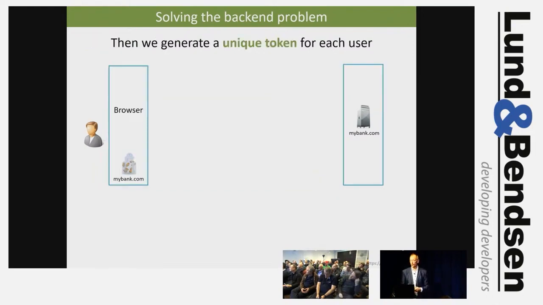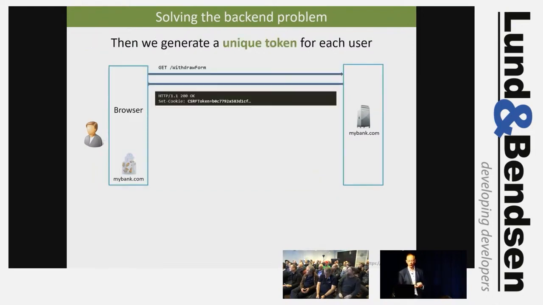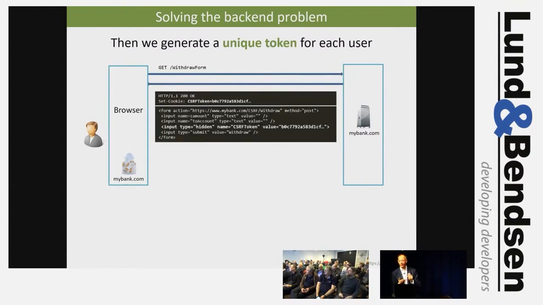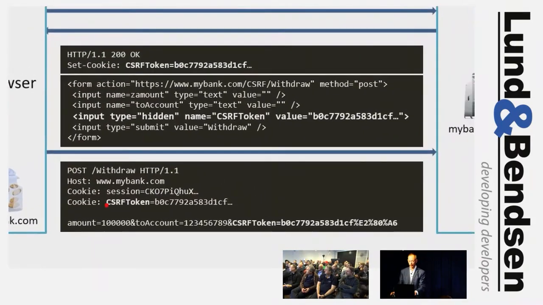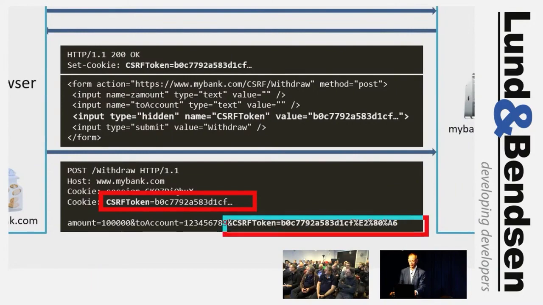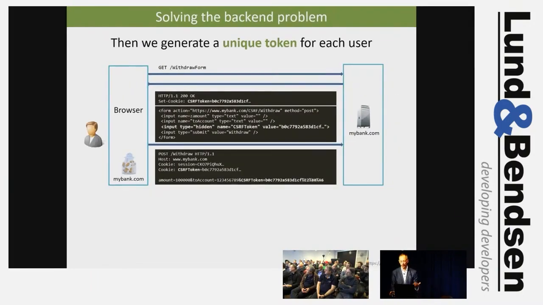Well, what we do is we generate a unique token. We set it in the cookie in the browser. We also add it as a hidden form field in the form. So when the user clicks on that form and submits a withdrawal of money, the POST request to the backend will contain my cookie and this kind of secret value. And the big idea here is that the hacker will have problems guessing that value.